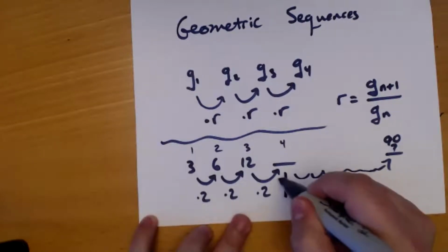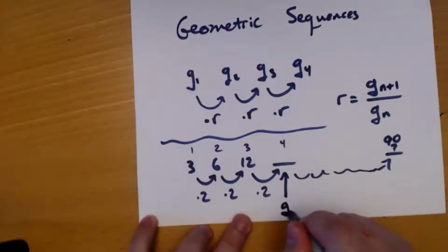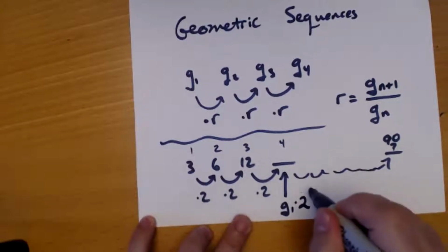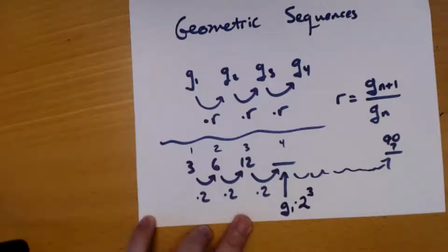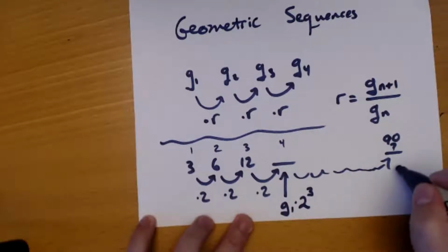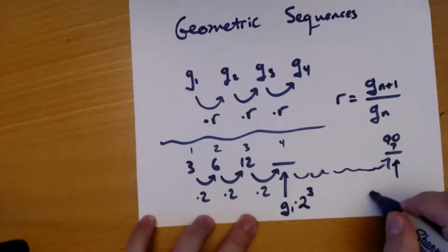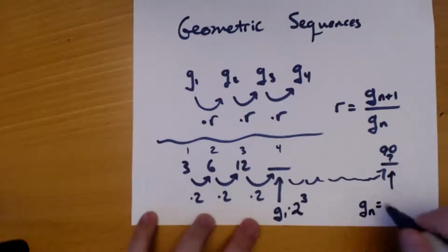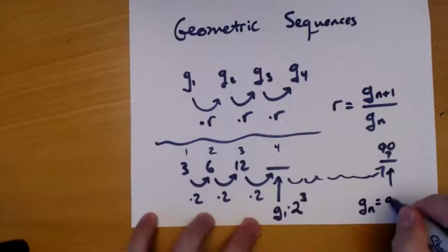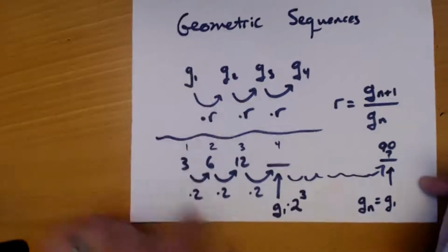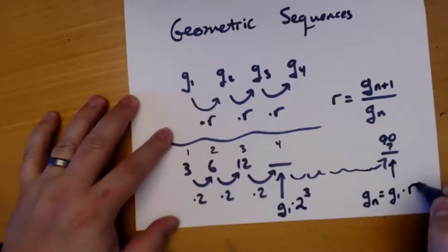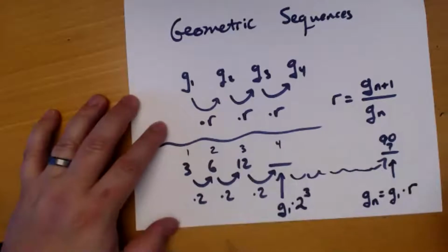So for the fourth term, it was G1 times 2, and I needed 3 of them, right? So for G sub n, in order to get the G sub nth term, I need the first geometric term times my ratio, whatever that is.